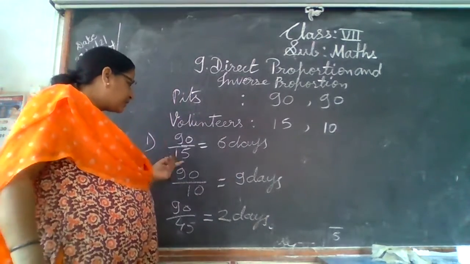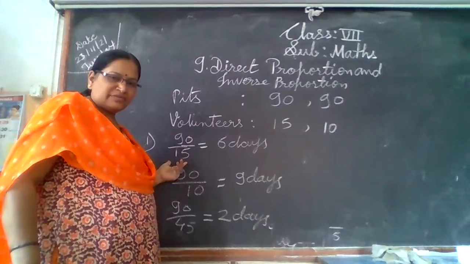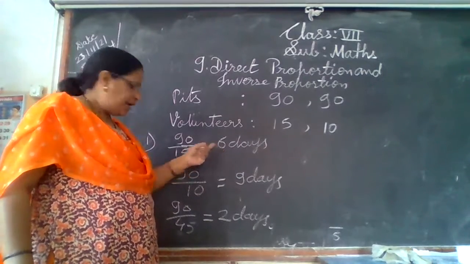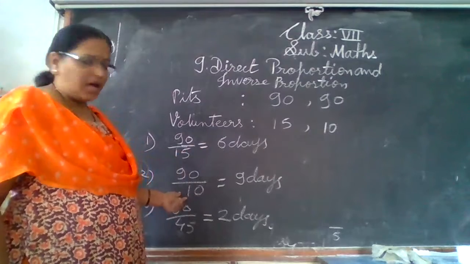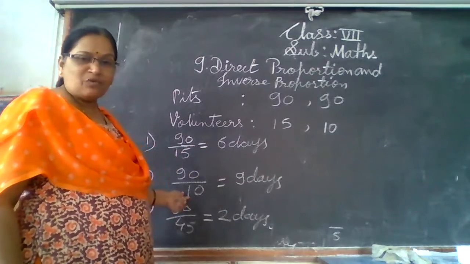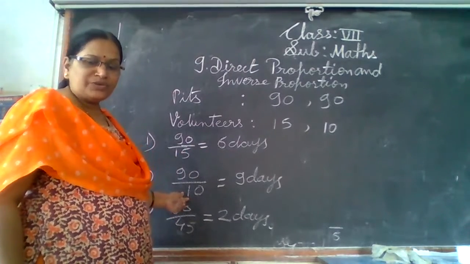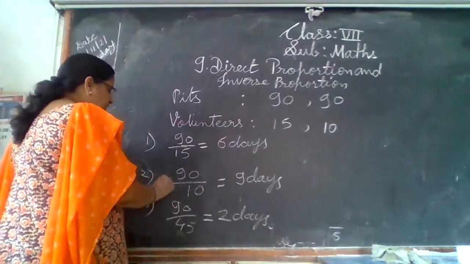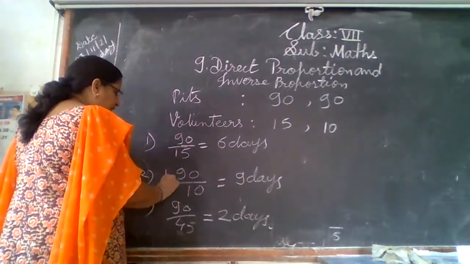Now see, if volunteers are 15, they need 6 days. Now here I am decreasing the number of volunteers from 15 to 10. Here the number of volunteers is decreased.